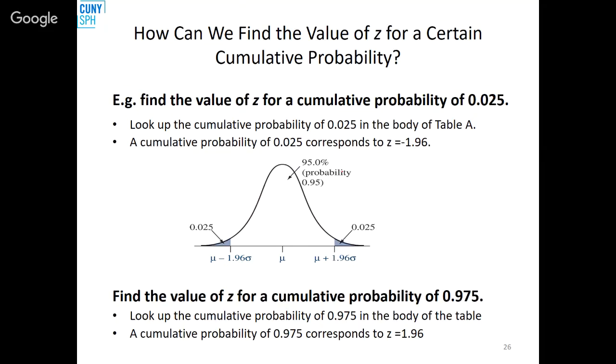So for example, the value of z for a cumulative probability of 0.025, this is talking about here in the tails. If you looked up the left tail probability, you would find it at 0.025.